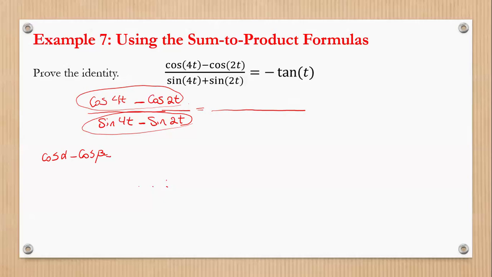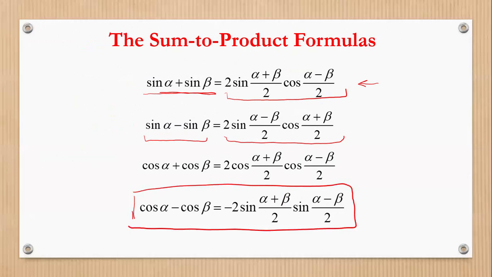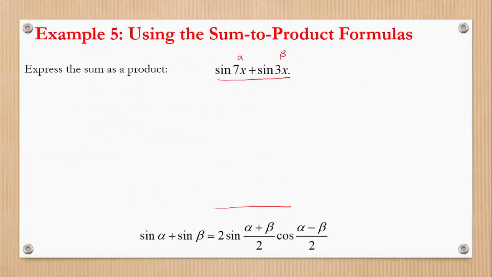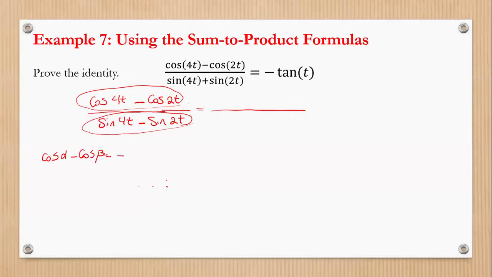So let's go back to the slides. Cosine of alpha minus cosine of beta is negative 2 sine of alpha plus beta over 2 and sine of alpha minus beta over 2. Okay, so it's negative 2. So let me just write it.